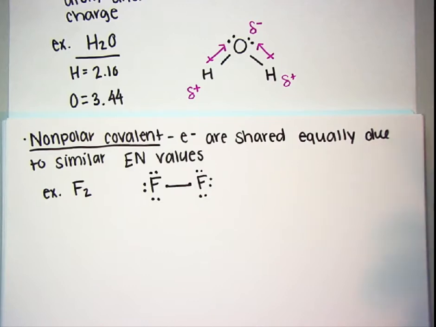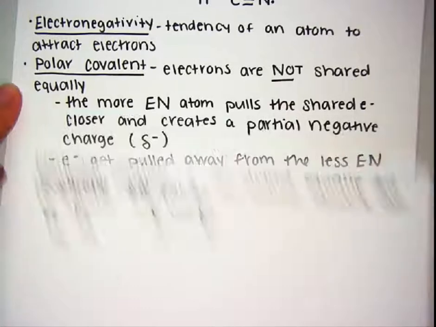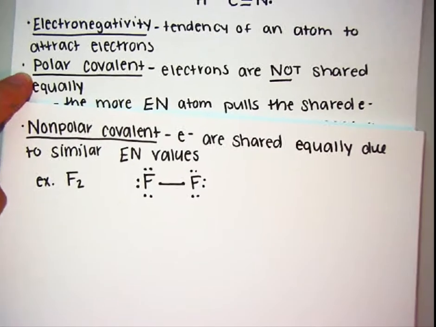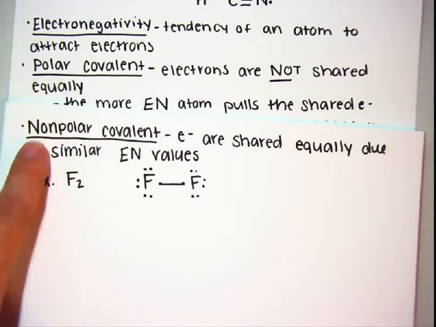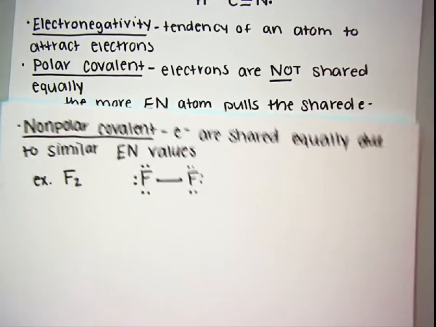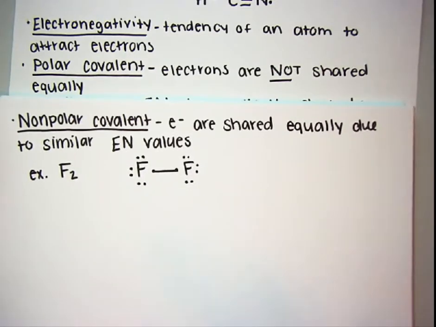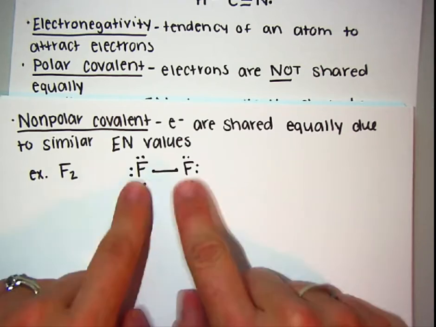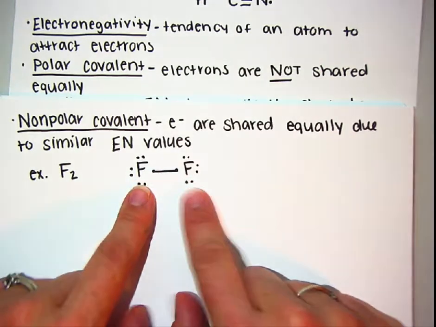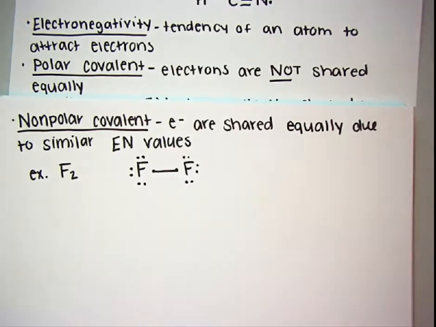A question that students always get is, why do we say that it's non-polar if they're not shared? Because doesn't non mean not? So it doesn't come down to that. Non-polar means there is not different poles. I don't have a positive pole and a negative pole, so it is not polar.